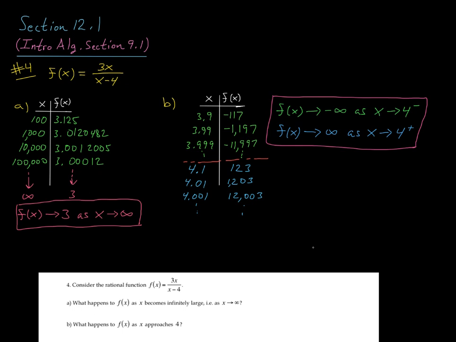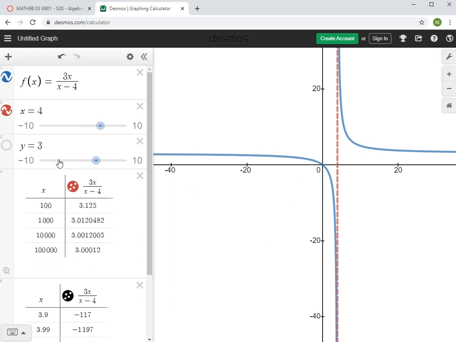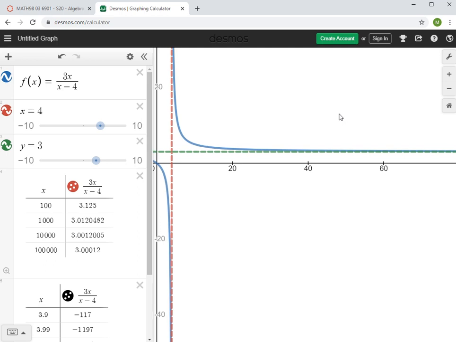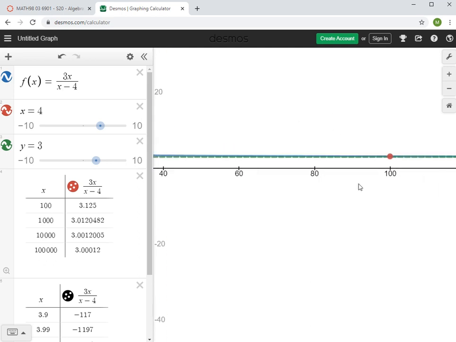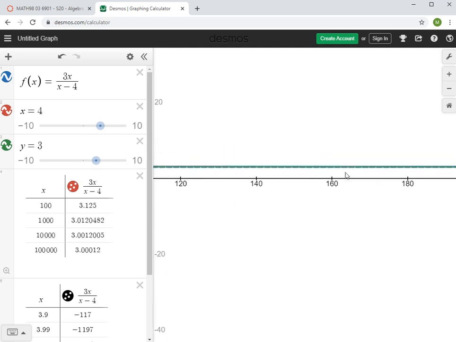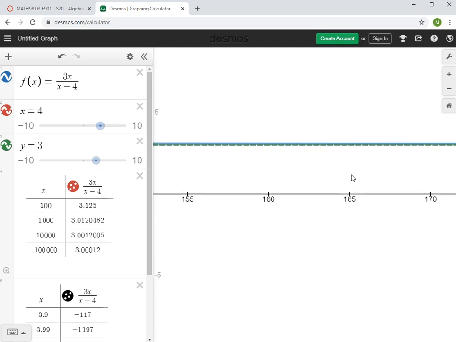Okay, cool. So then what about the part A result, that the y values were getting close to 3 as we let x become infinitely big? I'll put this line in here. Notice if I go way out to the right, so x is becoming infinitely big, what's going on with y?